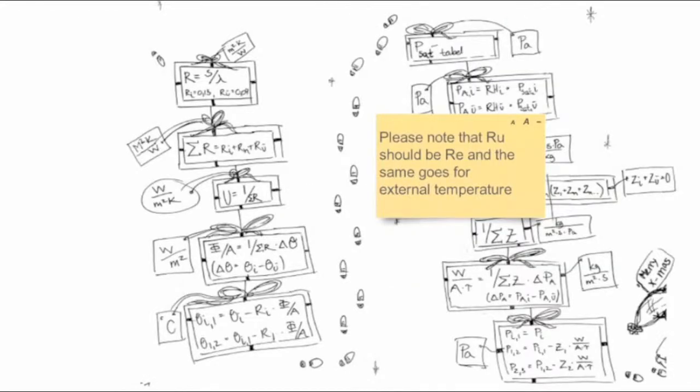To help us do the problem, there's a manual, and today we're only using the first 4 packages. What we have to do first is to find the resistance, and that is the thickness of the glass divided by thermal conductivity. The next thing is to find the sum of resistance.